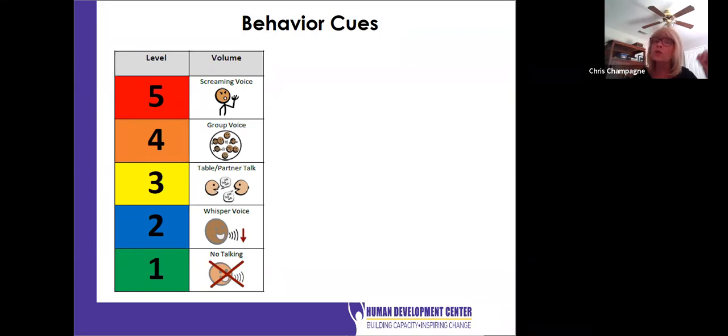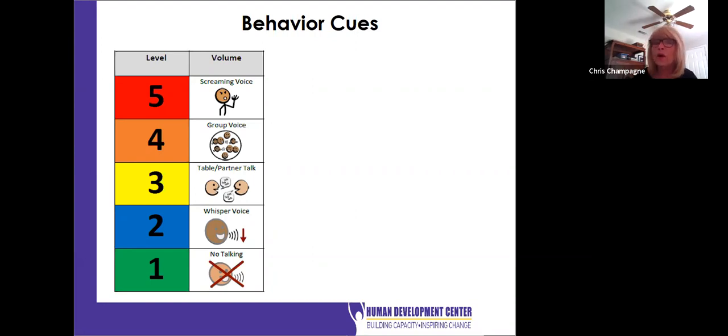And I've seen teachers take maybe a paper clip with a bead on it, and you can slide it up and down as they talk, so that they have a visual representation to help them be more in touch with how loud they're being. So the colors on these always stay the same. There are some that you can download, not on our website, but on the internet, and the colors are different.